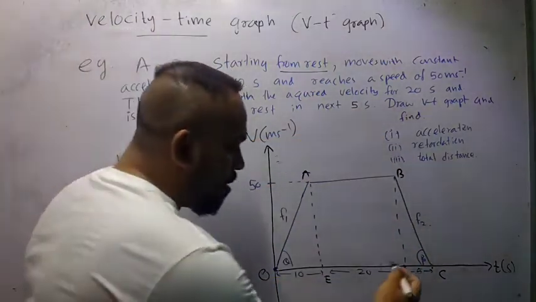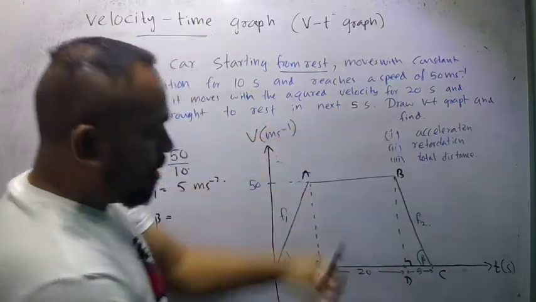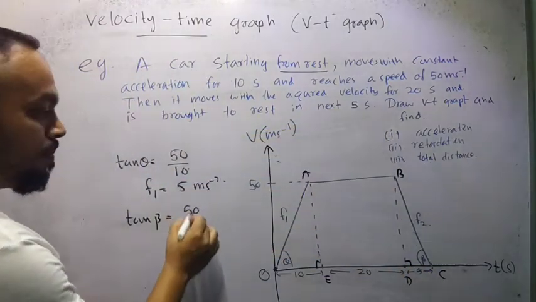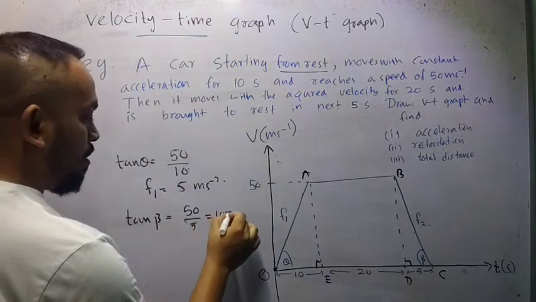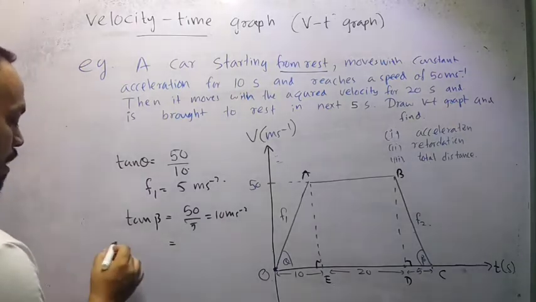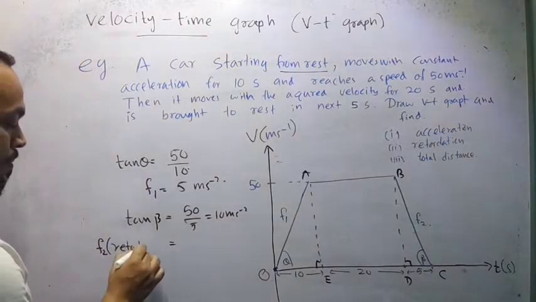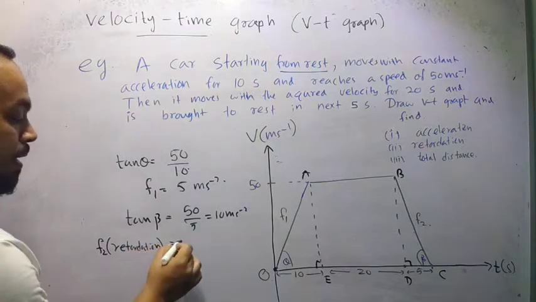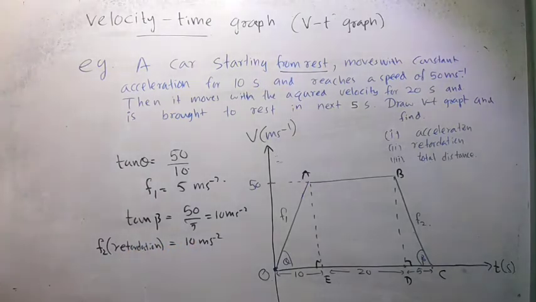Right, see, these are all right angle triangles. This length is 50, and this is 5. So F2, the retardation, is 10 meters per second squared. Okay, 10 meters per second.